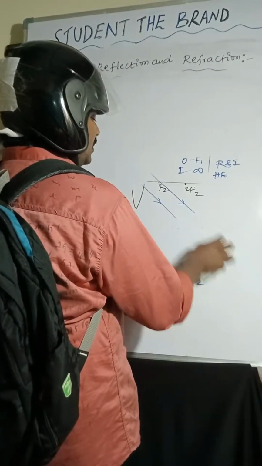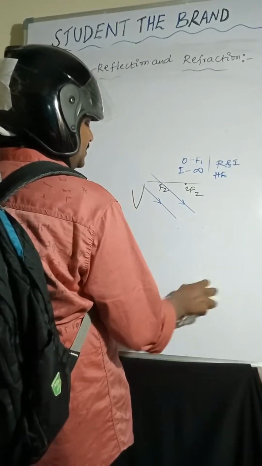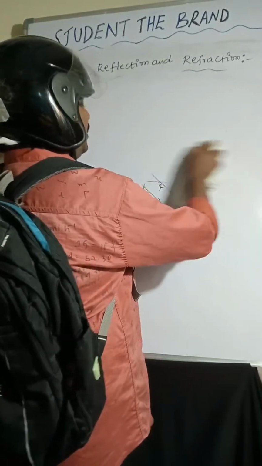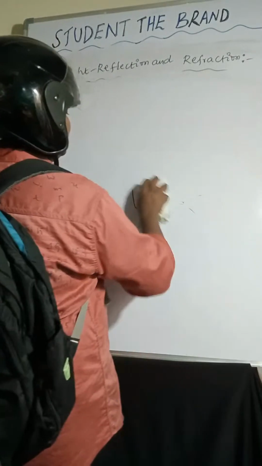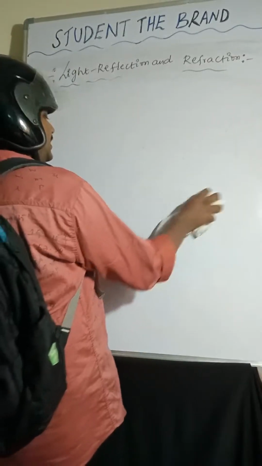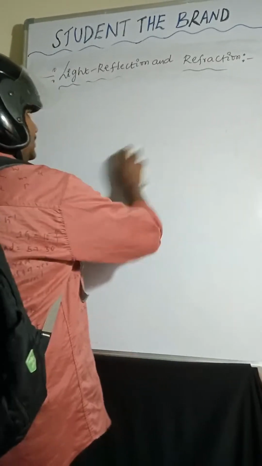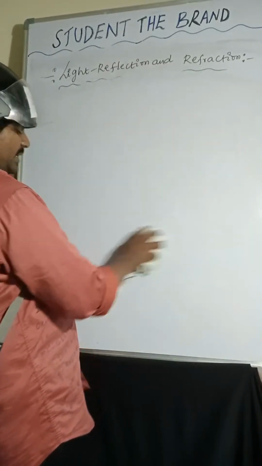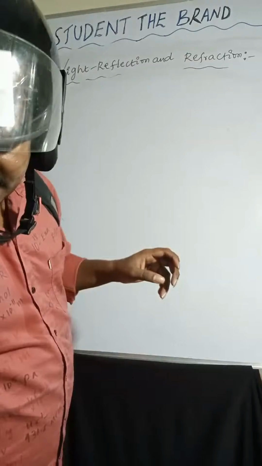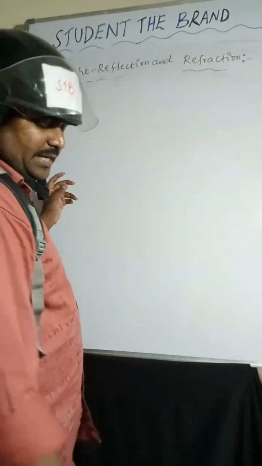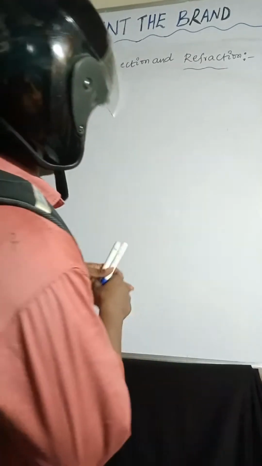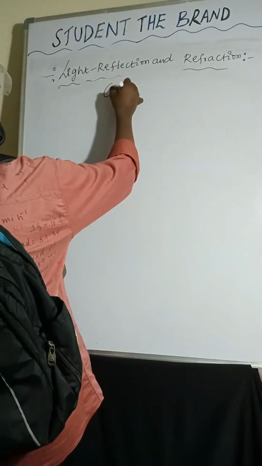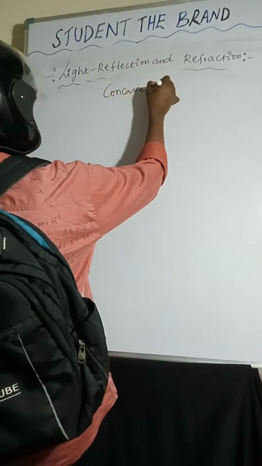Now we'll discuss. Problems also there. Problems we need to discuss related to refractive index, absolute refractive index, relative refractive index, and mirror formula, magnification. Okay, so concave lens.